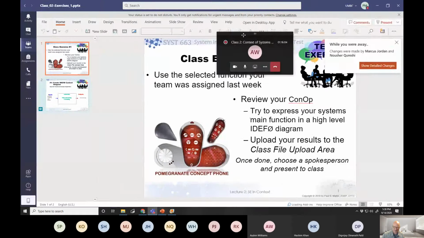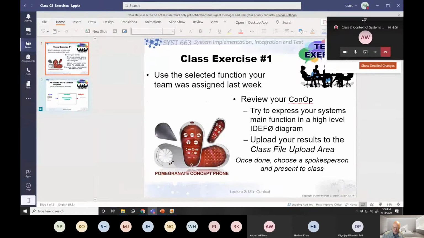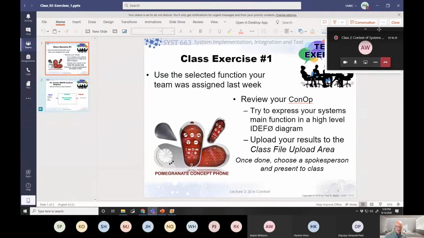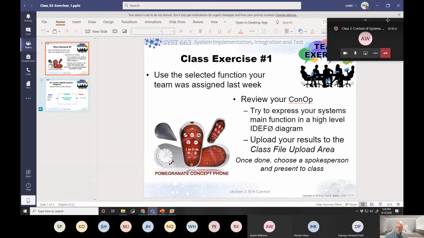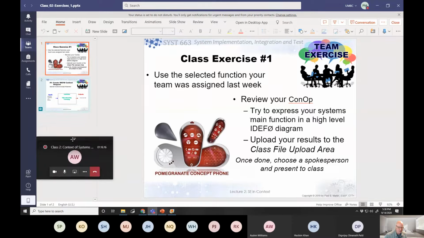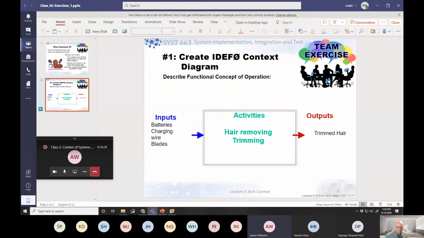So make sure whoever you decide your team speaker is, that they speak up. So here we are, the exercise. So who's going to speak to this slide? Just unmute. Come on, guys, don't make me wait.